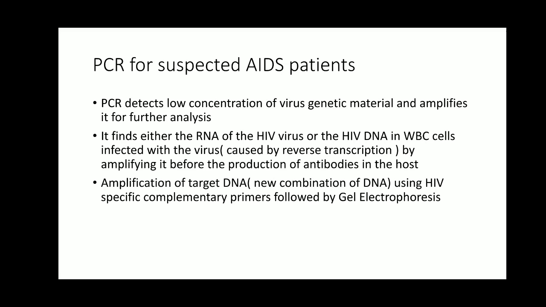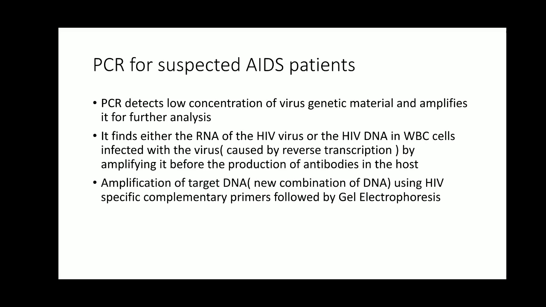What happens in the PCR reaction? It is a step-by-step reaction. First is the denaturation process, second is the annealing process, and third is primer extension or chain elongation.